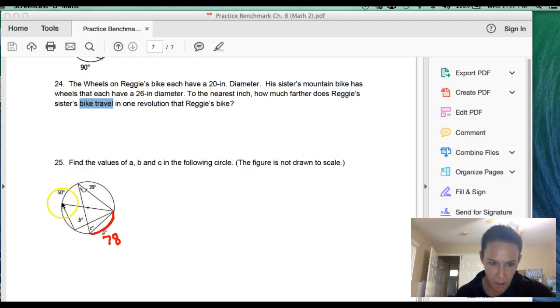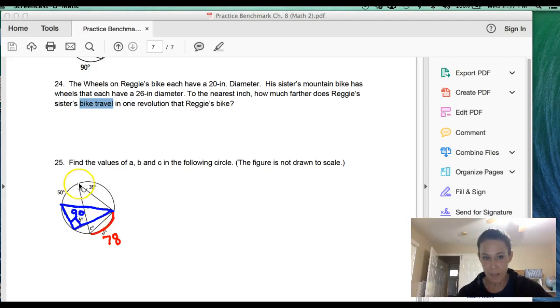B's intercepted arc is going to be easy to figure out because B intercepts the diameter. Do you see the diameter right here? Because B intercepts the diameter, this value here is 180. This is going to be a right angle because half of that will be its intercepted arc, which would be 90. So now I figured out B. B is 90.